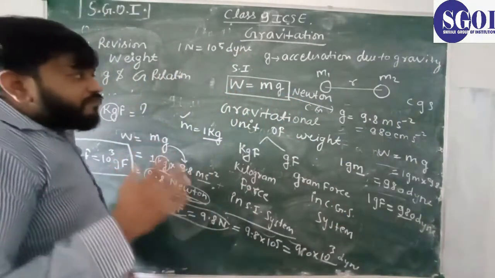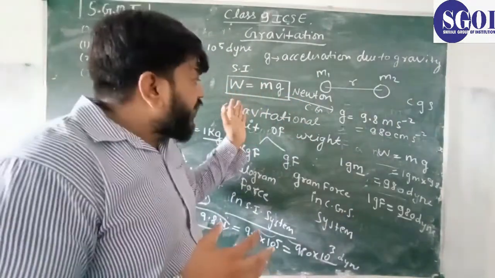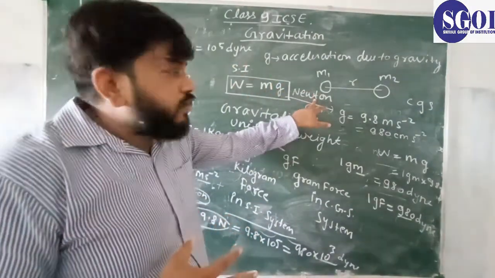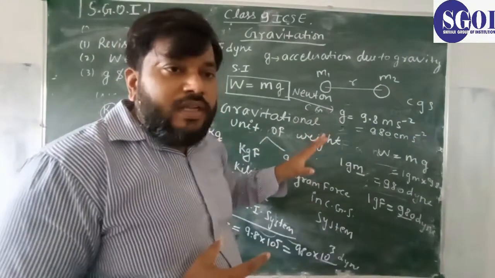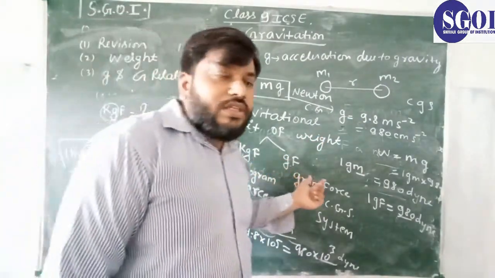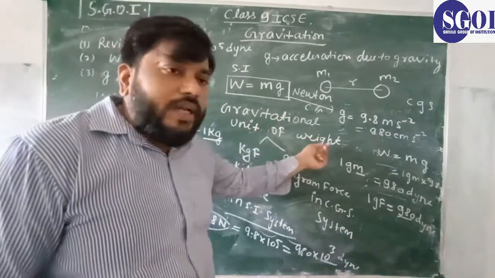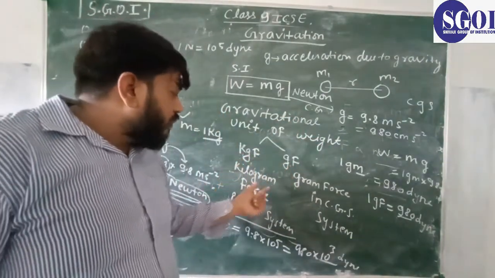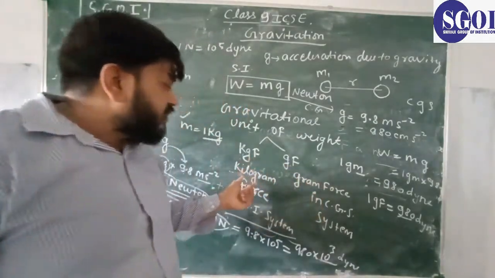So we have defined the formula and the definition. The SI unit we have already known, it is force, Newton. The CGS unit is dyne. Now we have understood two other units which are gravitational units of weight. So there are two gravitational units, kgf and gf. What is kgf? Kilogram force. What is gf? Gram force. What is kilogram force?